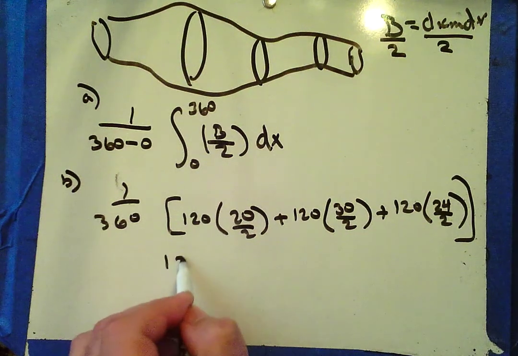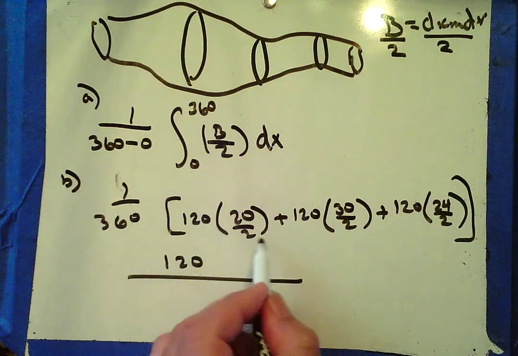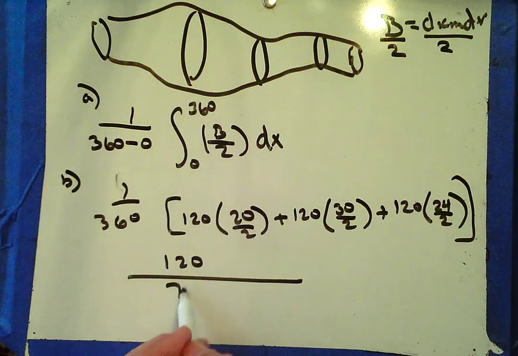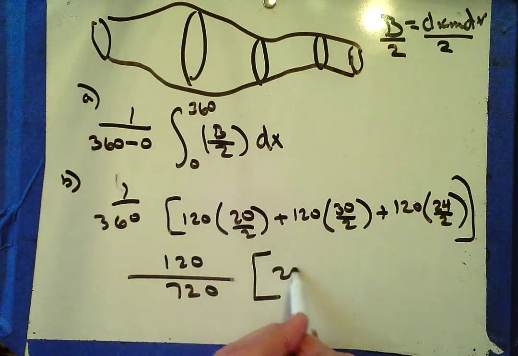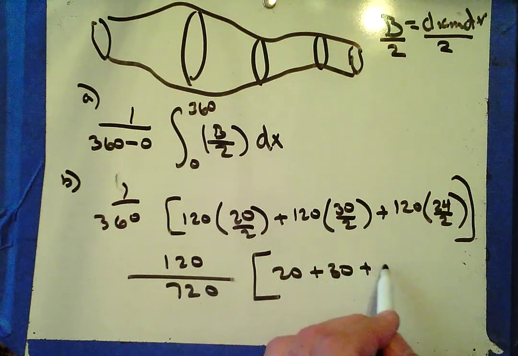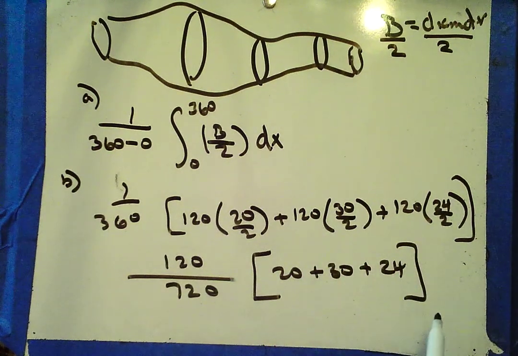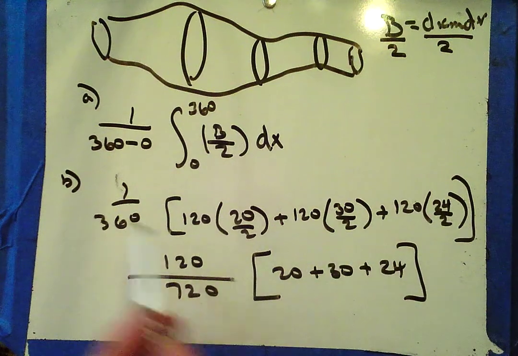I pull out the 120, I pull out the 2 on the bottom, and then we're left with 20 plus 30 plus 24. You should probably leave your answer here.